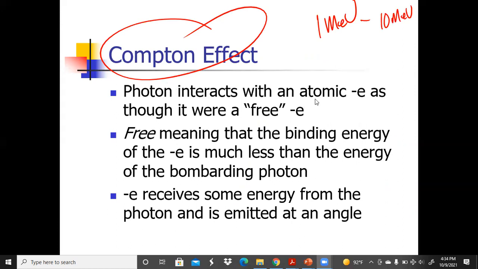The photon interacts with an atomic electron as though it were a free electron. This type of interaction is going to happen most often between 1 MeV and 10 MeV. Free here means that the binding energy of the electron is much less than the energy of the bombarding photon. The electron receives some energy from the photon and is emitted at an angle.